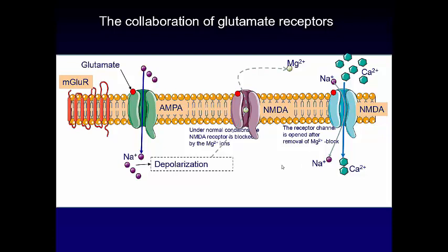But importantly, under normal conditions, NMDA receptors are blocked by magnesium ions, which make this channel impermeable. But if we have increased stimulation of AMPA receptors and increased entrance of sodium into the cytoplasm, it results in depolarization, which kicks out this magnesium block and results in permeabilization of NMDA receptors, which is followed by influx of sodium and calcium ions.